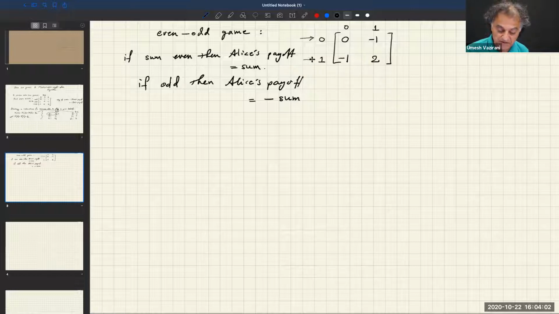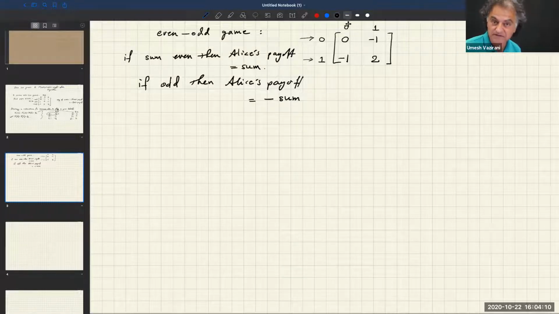If she picks 1, then Bob would pick 0, and he'd still win 1. If Bob goes first, if he picks 0, Alice would choose 0, and they'd be even. If he goes first and picks a 1, then Alice would pick a 1, and she'd win 2. Okay, is it clear what the game is?